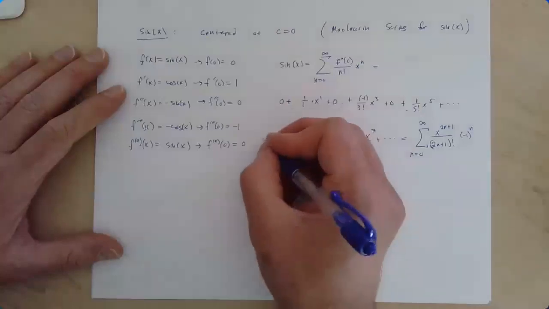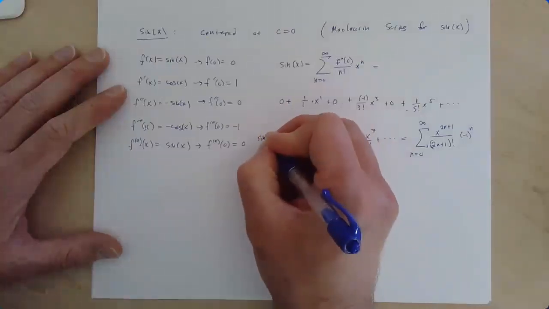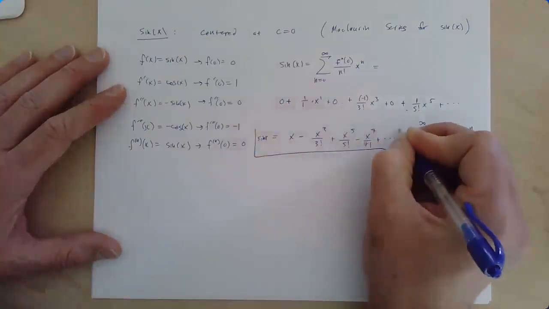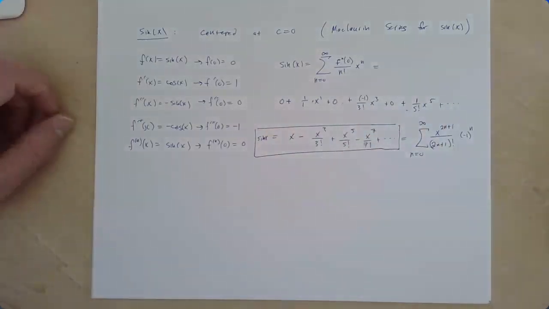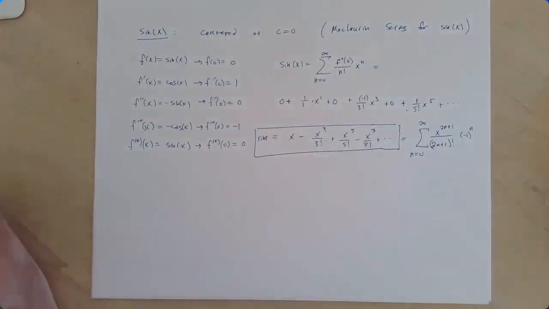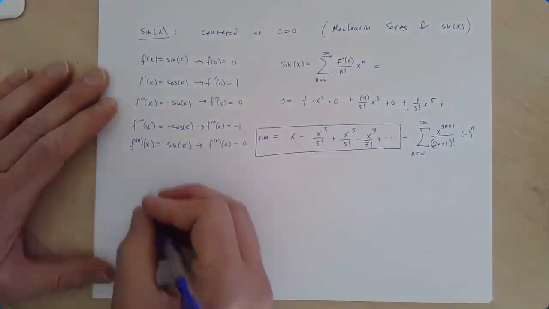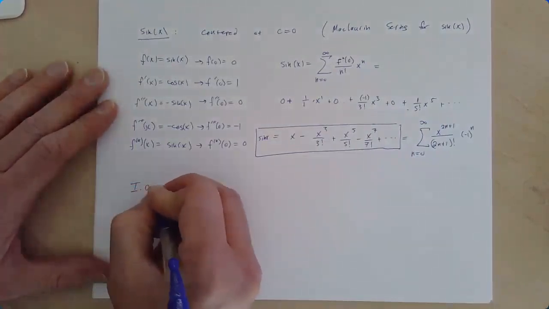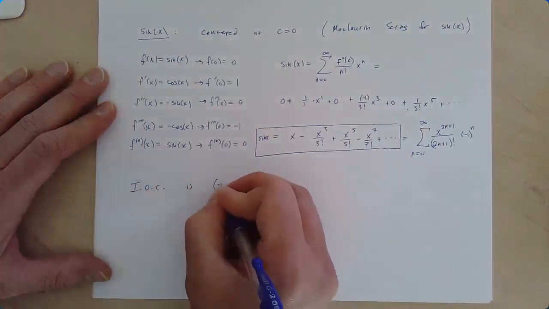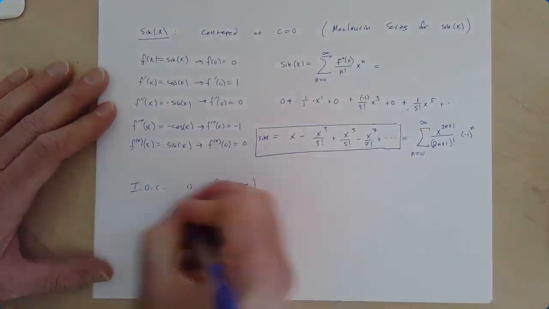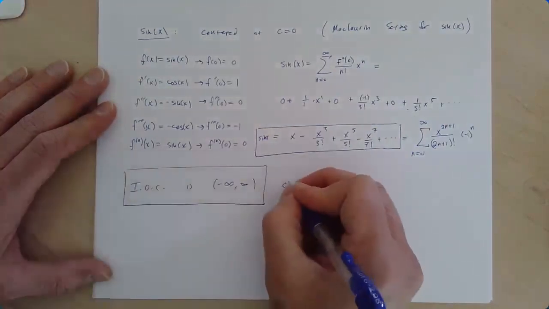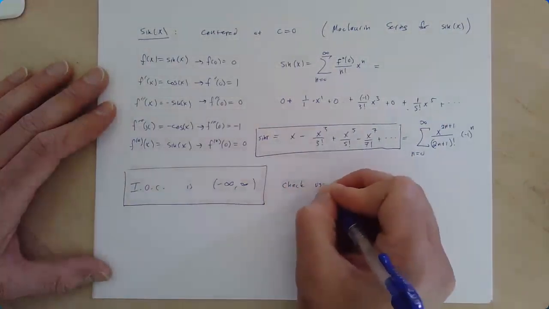But I personally would remember this: that sine of x is equal to x minus x cubed over 3 factorial plus x to the fifth over 5 factorial, and so on, and so on. I think it's worth checking on your own when you have a chance. I will point out that the interval of convergence is everything. Check for yourself. Check using the ratio test.